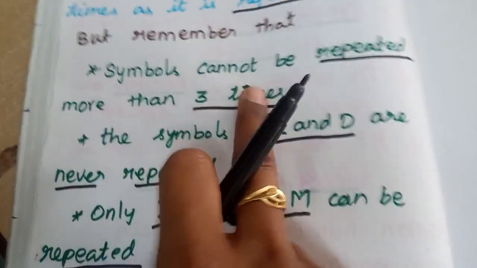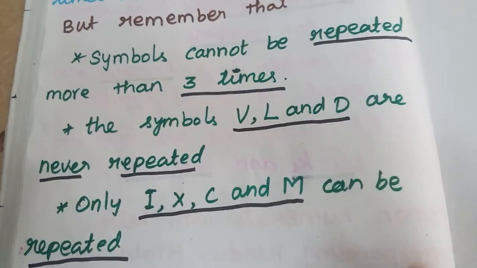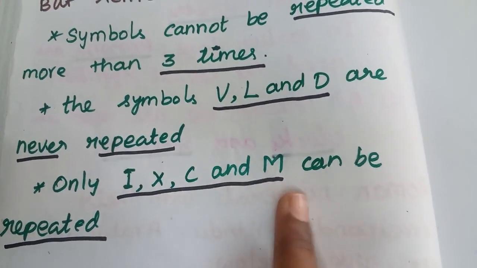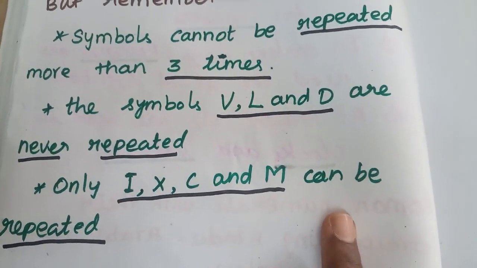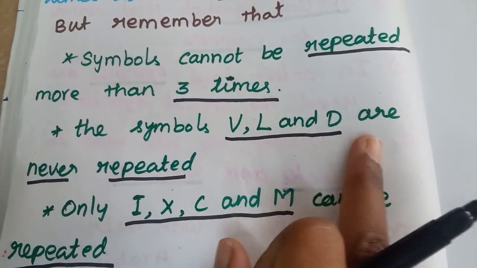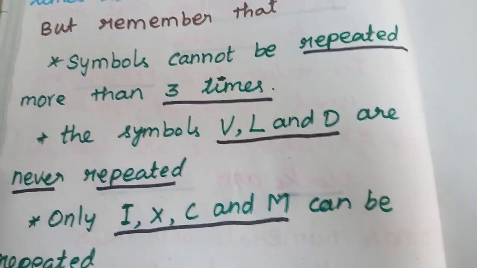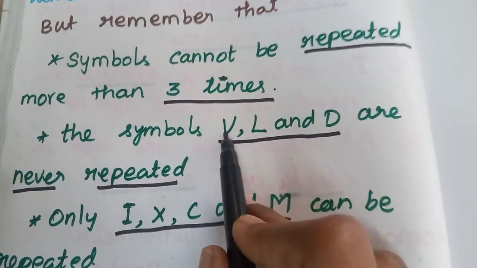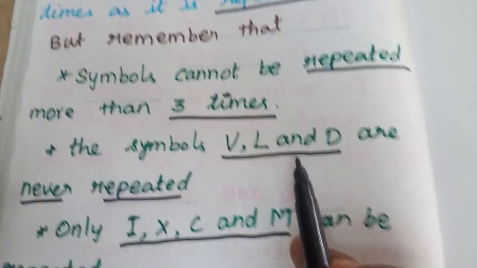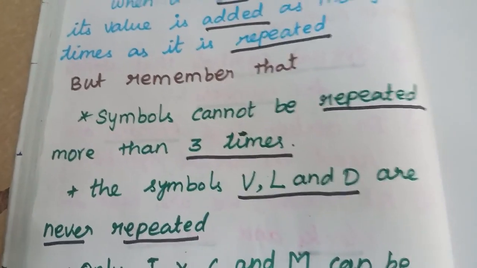The symbols V, L, D are used only once; don't repeat these symbols. So this is the first rule for writing Roman numerals.